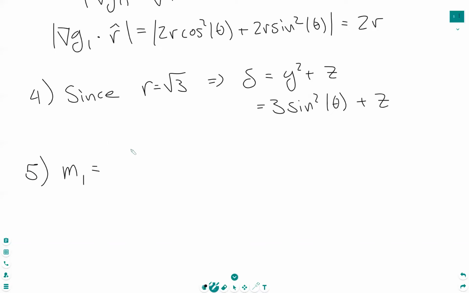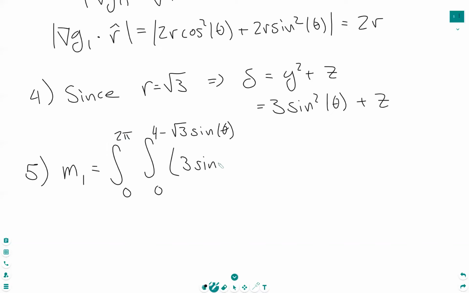So our mass is the integral from 0 to 2 pi, from 0 to 4 minus root 3 sine theta, of 3 sine squared theta plus z.